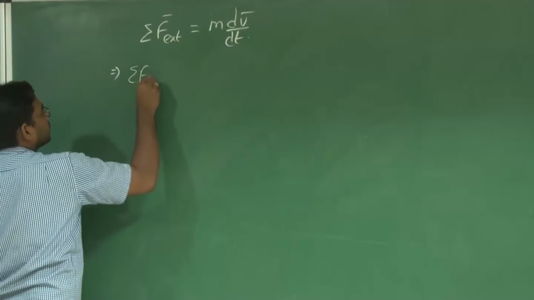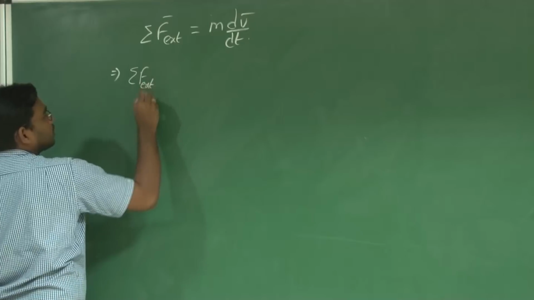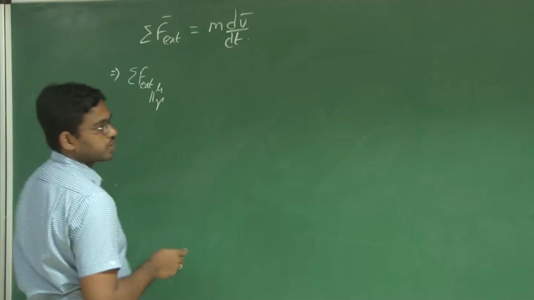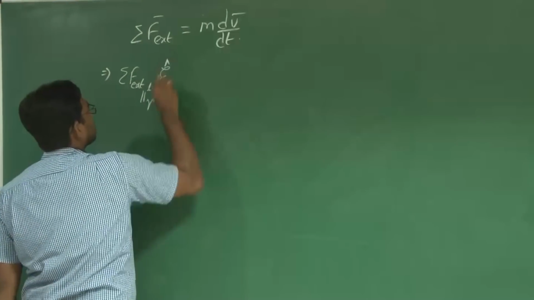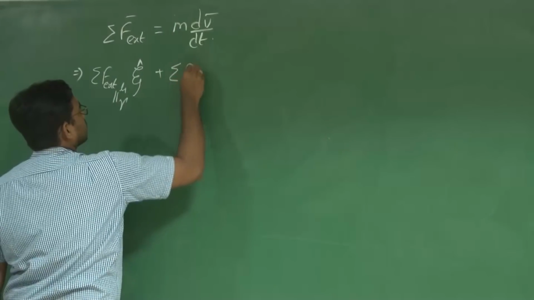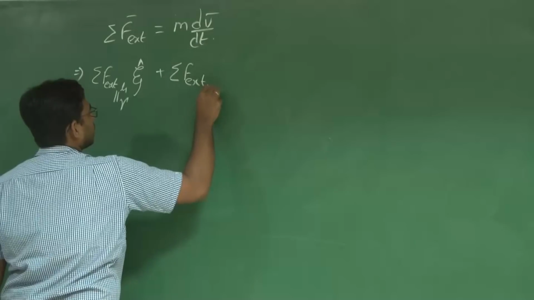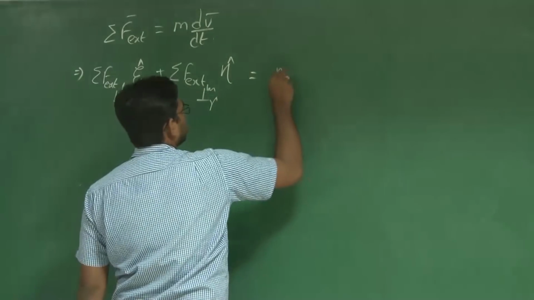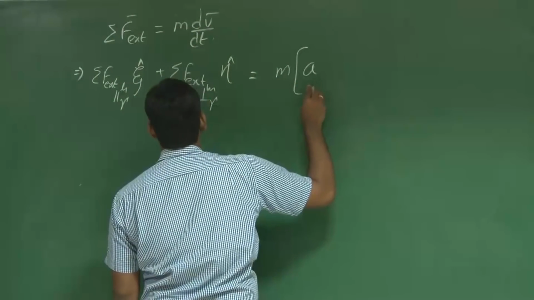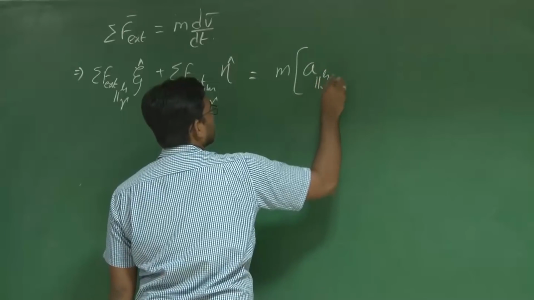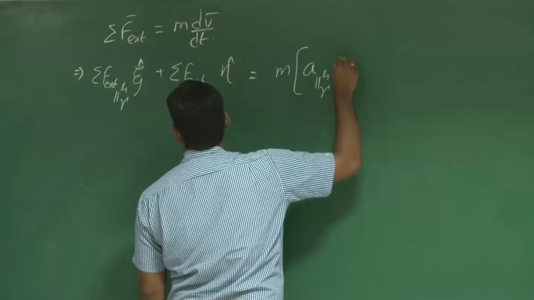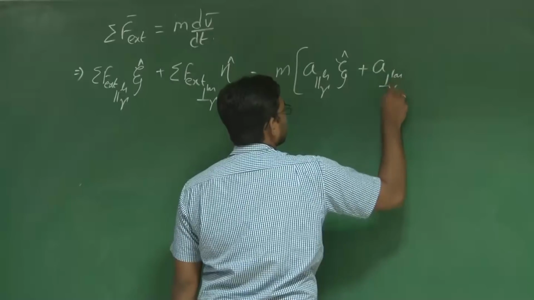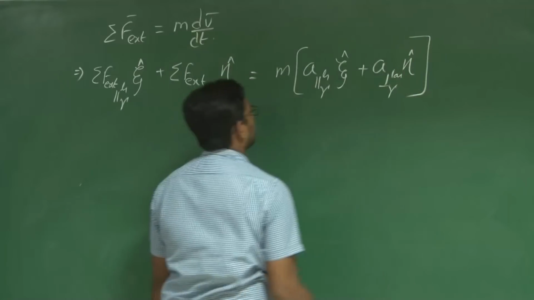So this is sigma F external, which are parallel to gamma, and the corresponding unit vector along gamma is zeta cap, plus total external forces acting perpendicular to gamma, eta cap, equals mass into acceleration parallel to gamma into zeta cap plus acceleration perpendicular to gamma into eta cap, right?